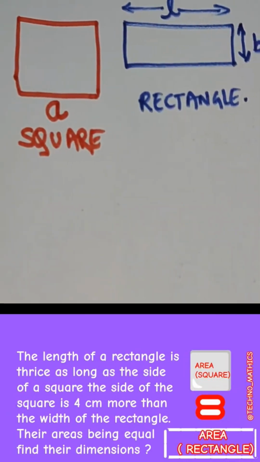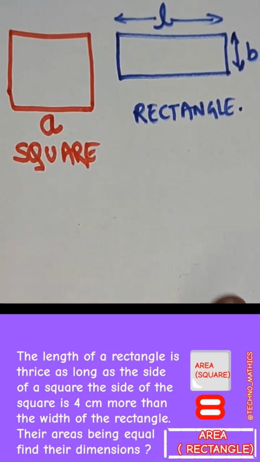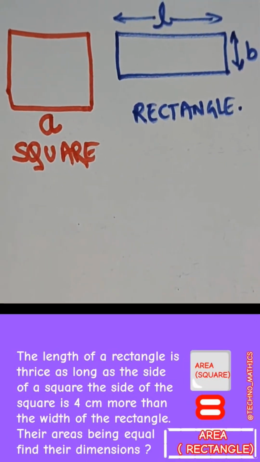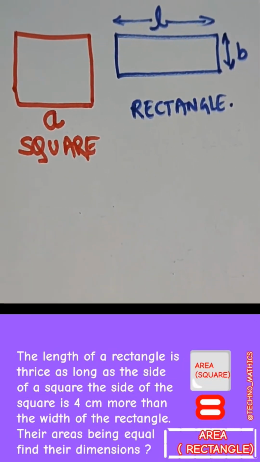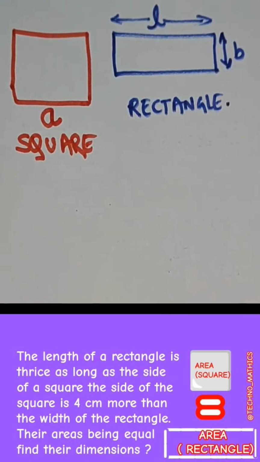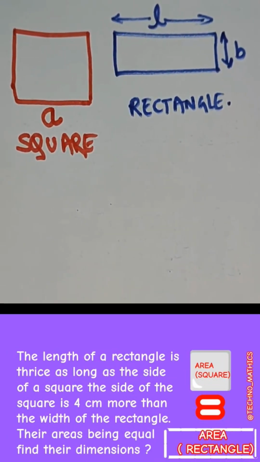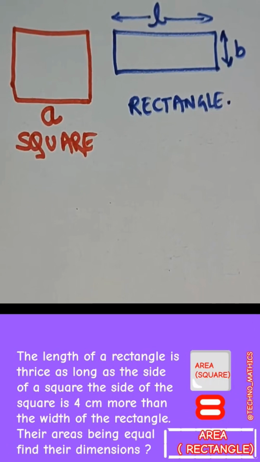Now, from this data, we can see that the length of the rectangle is thrice as long as the side of the square.